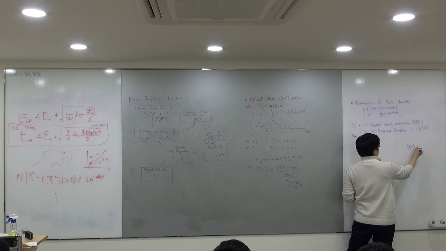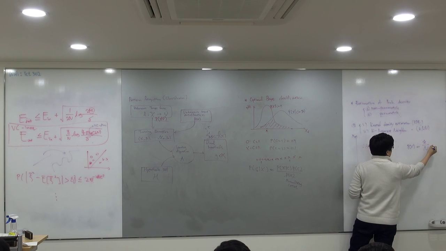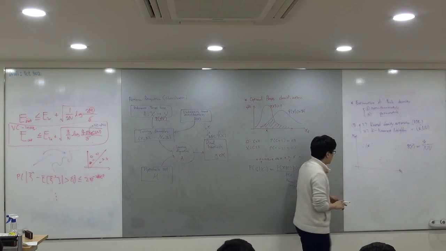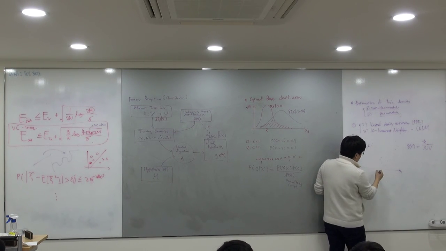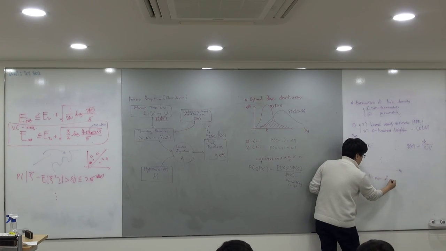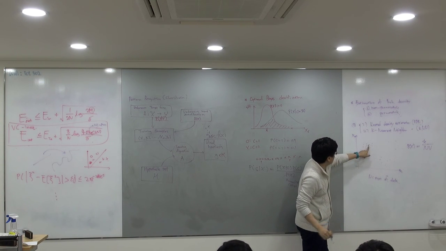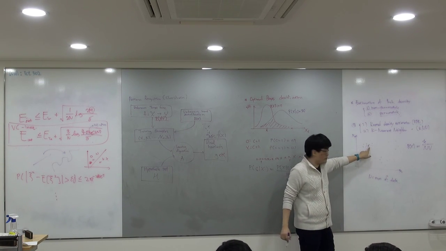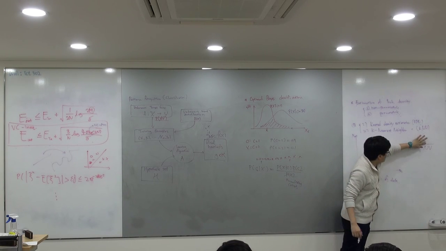P of x is k over n times v. So, if you have n number of data, and near this inspection point you consider k number of points.